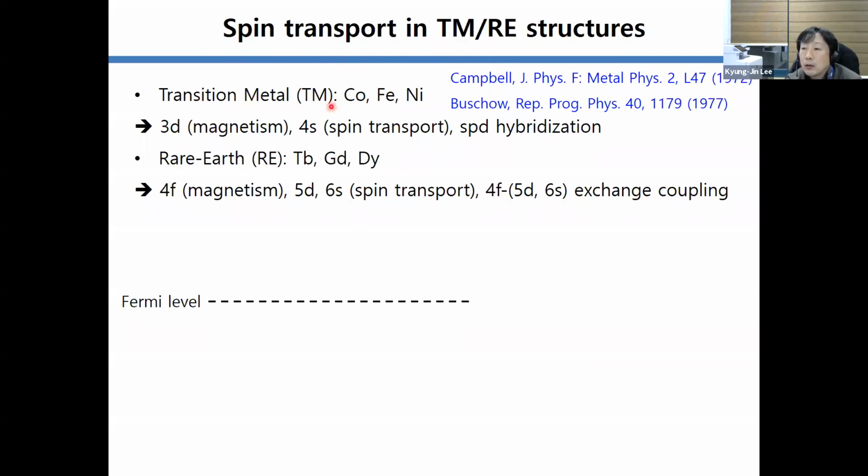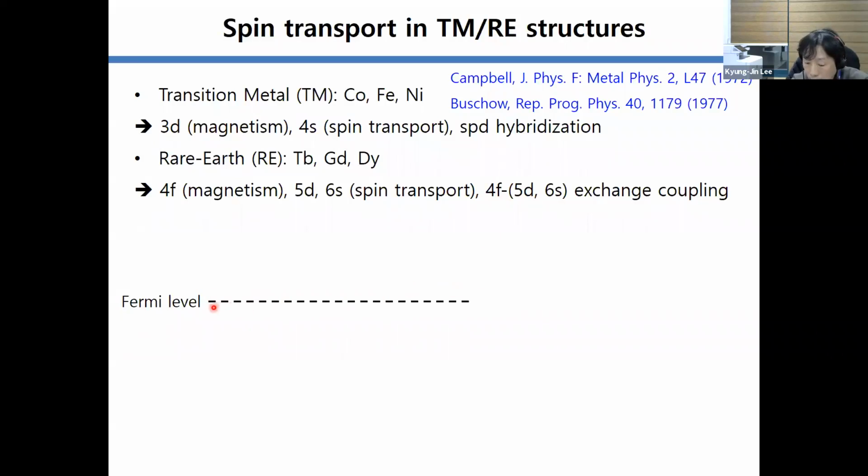For transition metals like cobalt and nickel, we know that the 3d electrons, the 3d spins, are mainly responsible for the magnetic moment, and 4s is responsible for the spin transport, but still there is strong sp-d hybridization. In the case of rare earth elements, the 4f band is mostly responsible for the magnetic moment, and 5d and 6s are responsible for the spin transport, and there is exchange coupling between 4f and 5d6s electrons.